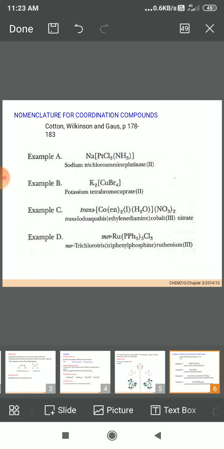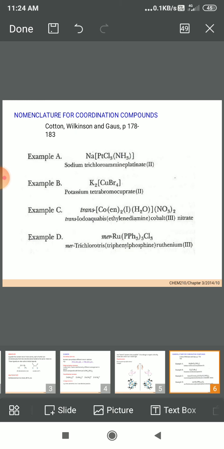Then nomenclature for coordination compounds. Example: Na[PtCl3(NH3)], sodium trichloroammineplatinate(II). In this, platinum is the central metal.